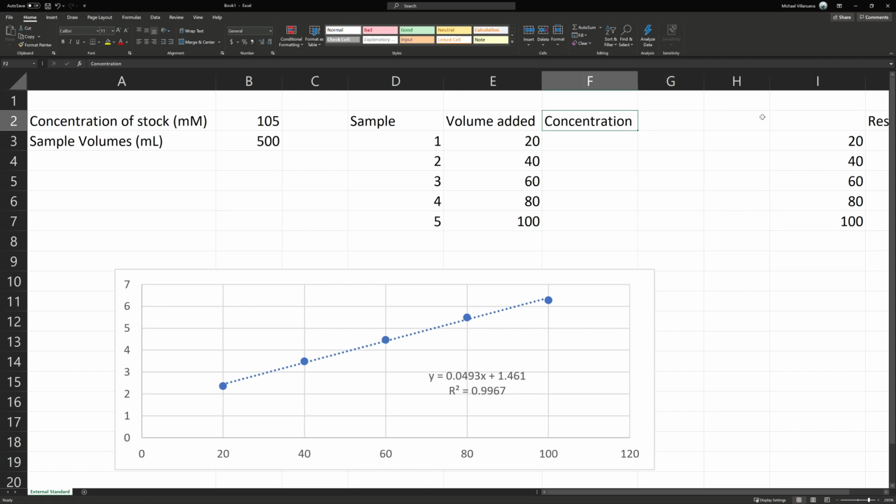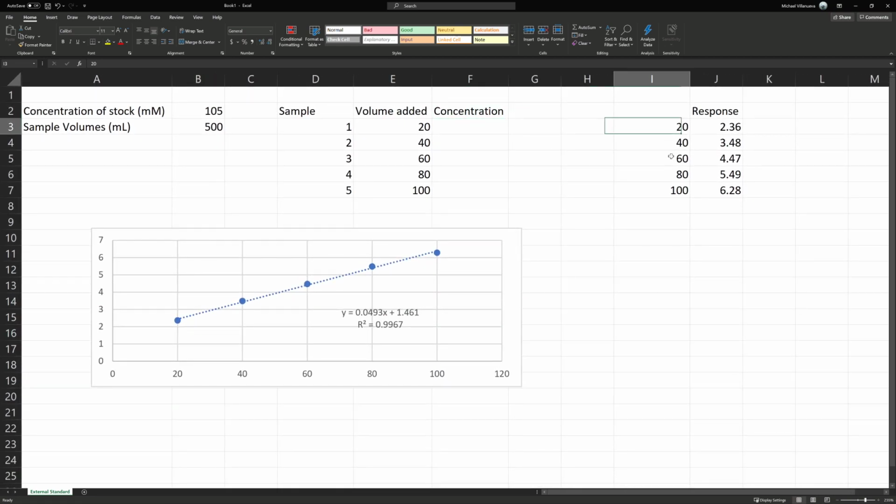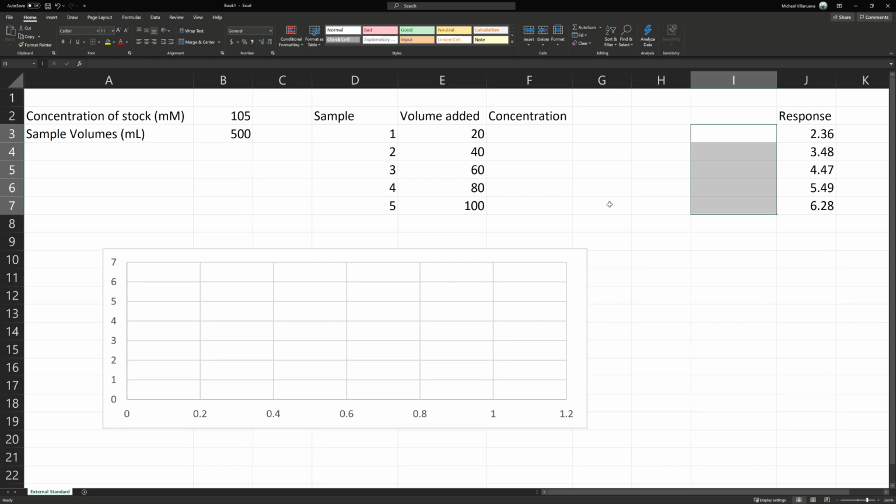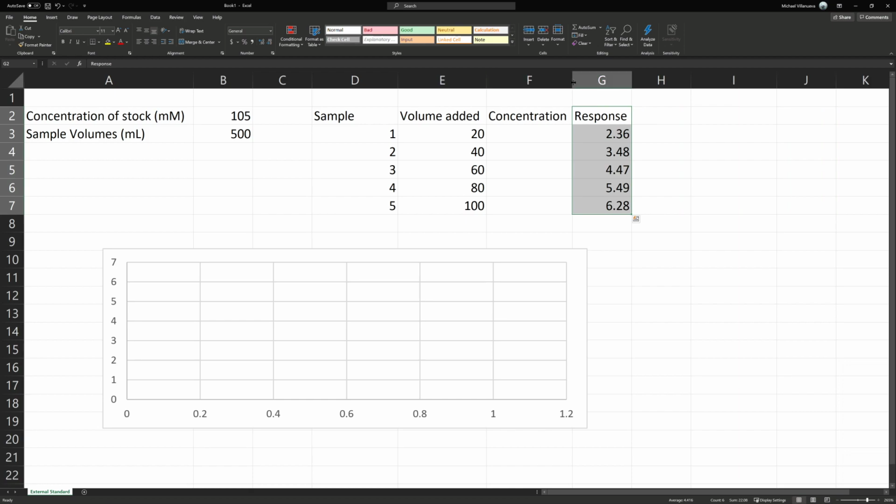And instead of actually doing math and calculating all of this out like we normally would, let's use Excel to help us. So we would start by hitting equals. And so what we're going to use is the M1V1 equals M2V2.